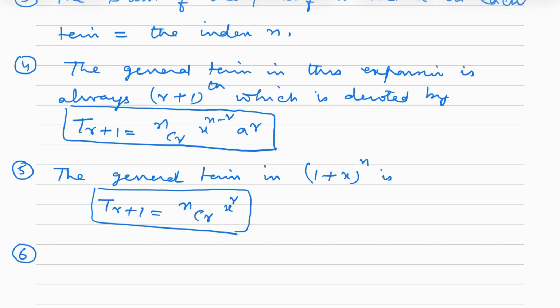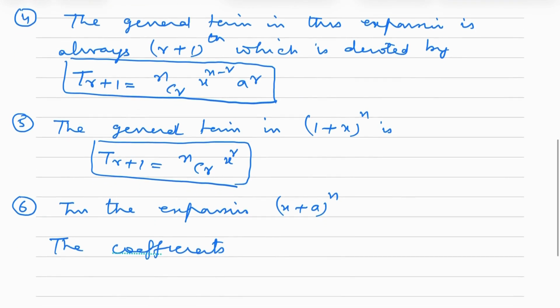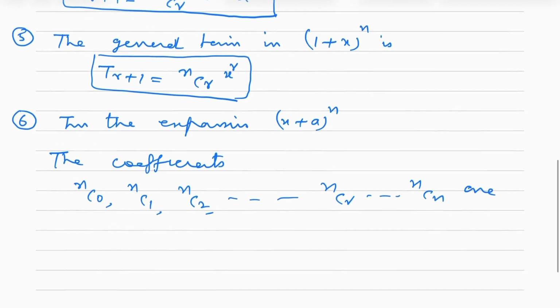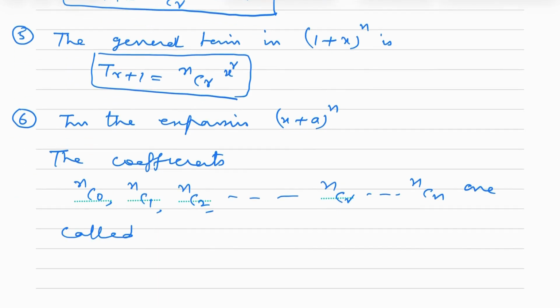Sixth point, in the expansion (x + a)^n, the coefficients nC0, nC1, nC2, and so on up to nCr, and so on, nCn are called binomial coefficients.